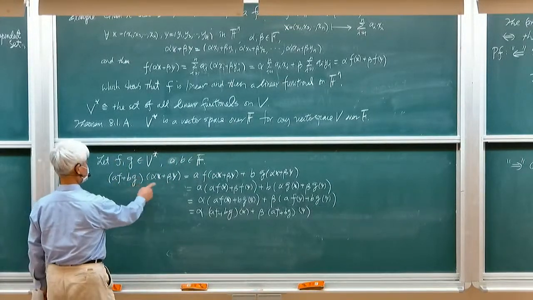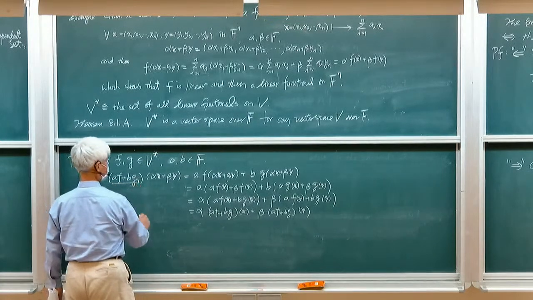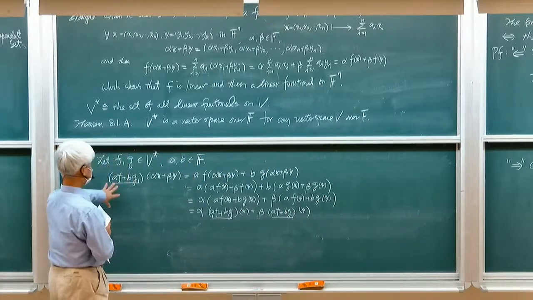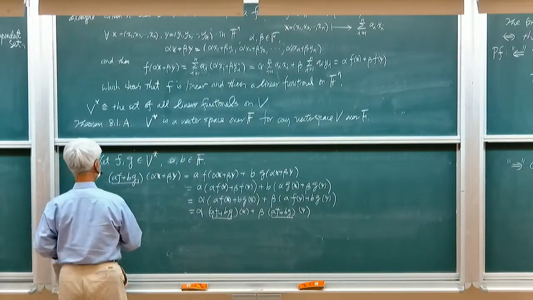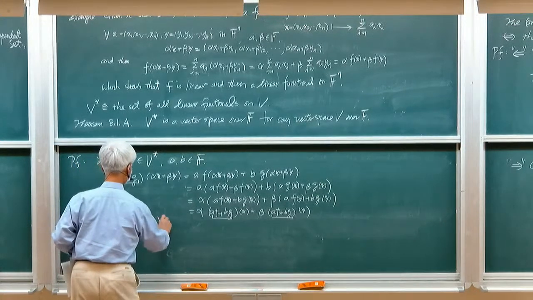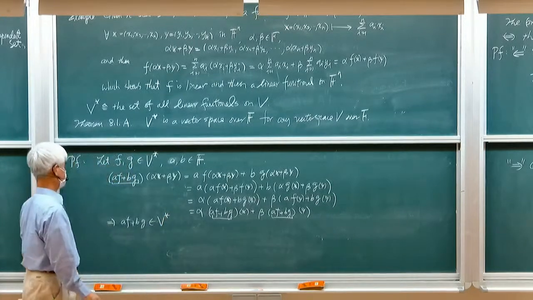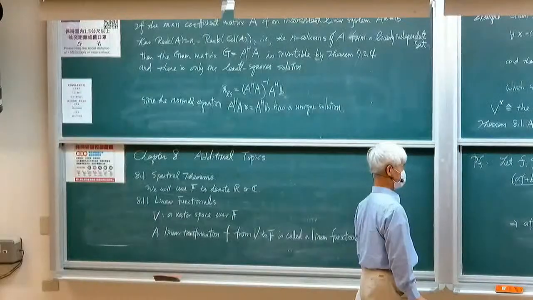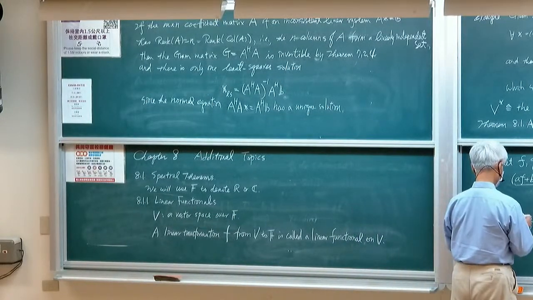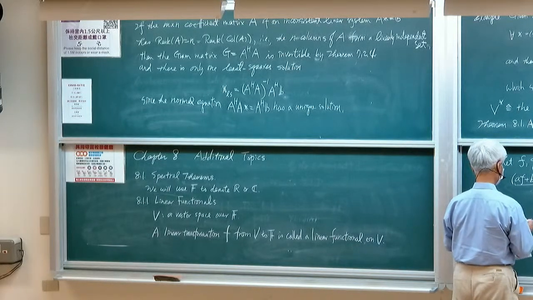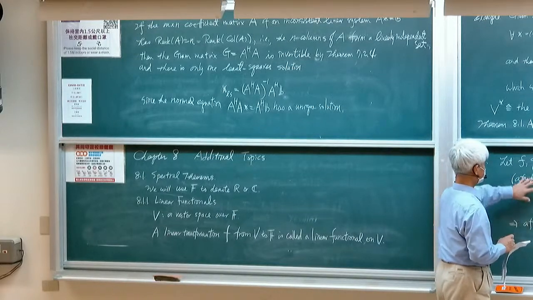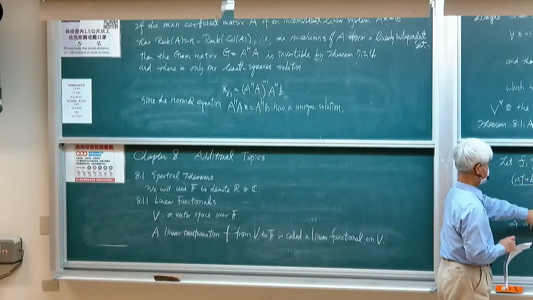Okay, and so you can see that, consider this as a function, right? So this function has linearity. This implies that af plus bg is also in V star. Okay, so every linear combination is also in V star.